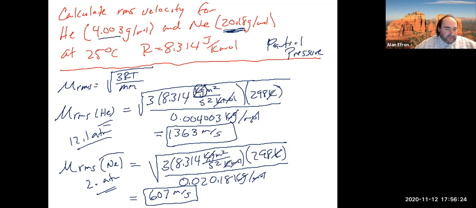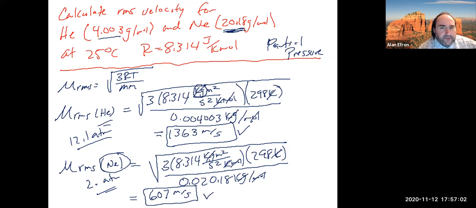We see that neon, which is heavier, is traveling at 607 meters per second, which is about 1,700 miles per hour, while our helium, up here, at about 1,363 meters per second, which is much lighter, is traveling about 2 times faster, about 3,000 or so miles per hour. And obviously, because it's traveling a lot faster, our helium, because it's lighter, is going to cause more collisions, and we would expect, like we saw in that partial pressure problem, it to be the major contributor to the pressure. Any questions on that?